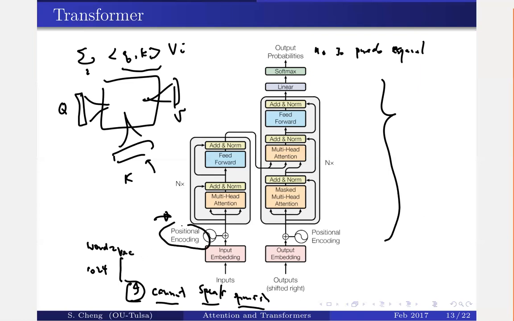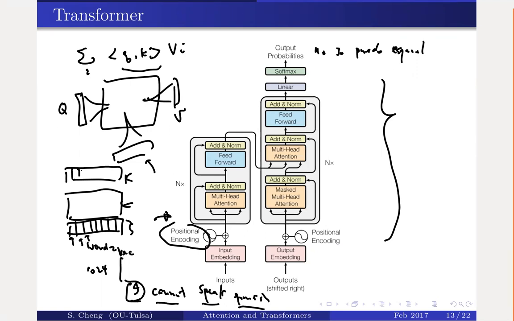Unlike an RNN, the attention model will attend to everywhere. For example, if I have an attention layer for an input here, what the attention layer does is, think of this input as the word embedding representation, each part being a word.